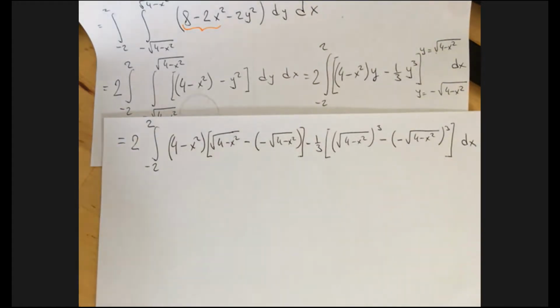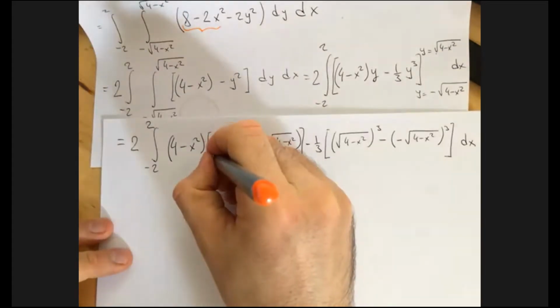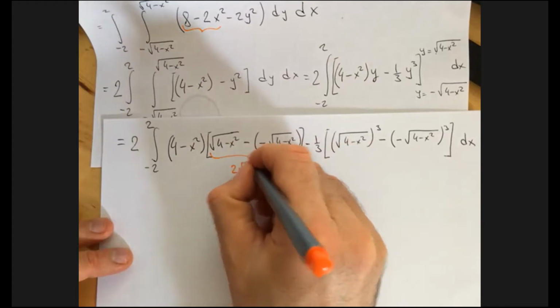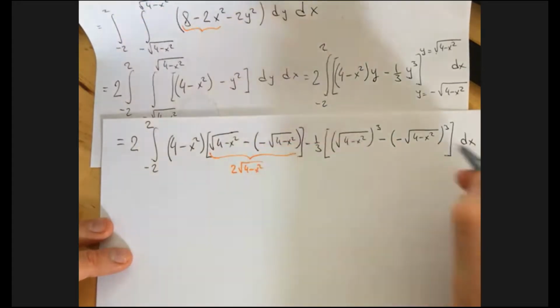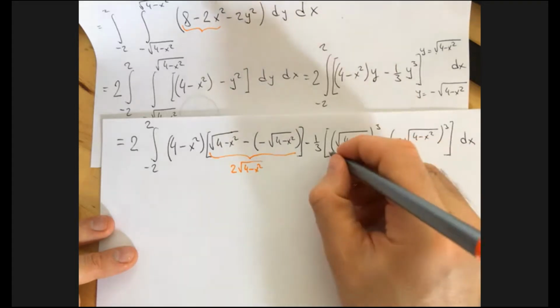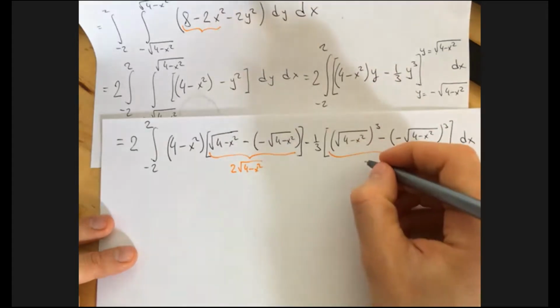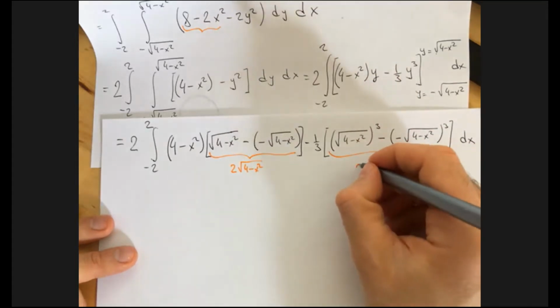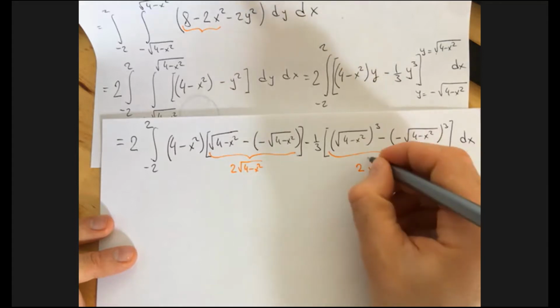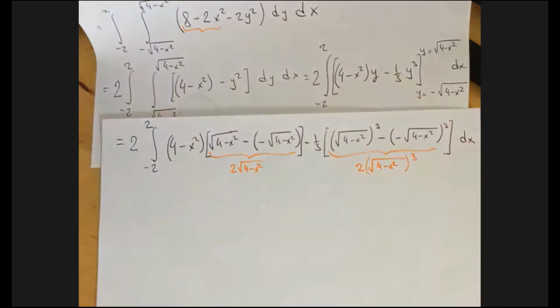So let's see what we have. At this point, the two minuses cancel and I get 2 square root of 4 minus x squared. Negative 1 to power 3 is negative 1, right? So minus and minus, they don't cancel here. So I get 2 times square root of 4 minus x squared cubed.